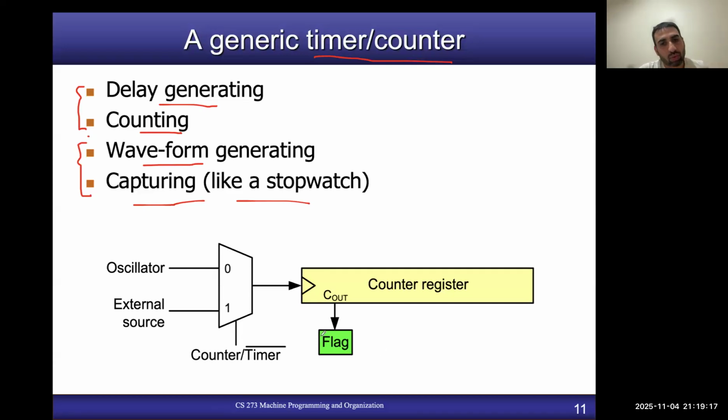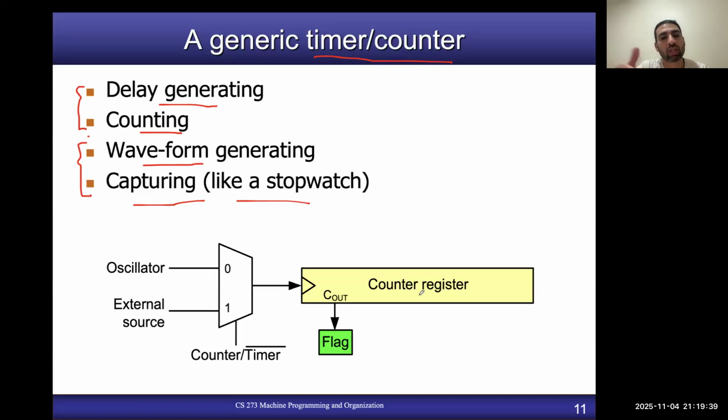Okay. So how can we use the same register either as a counter or as a timer? There is no big difference when you are using a register to count some events; you name it a counter register.